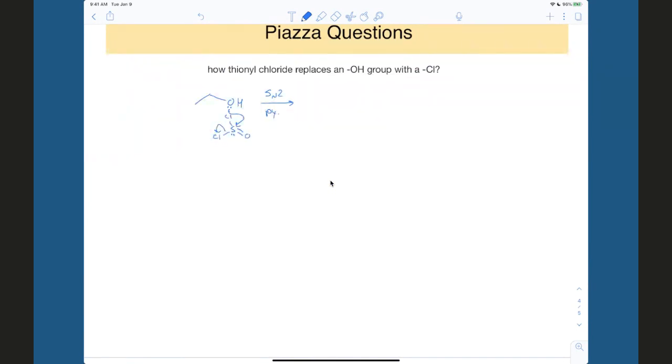Generally, we'll have pyridine around in these examples as well. And since we have pyridine, we can go and take this proton away. We make this chloroalkyl sulfite, which you guys don't need to know the name of.